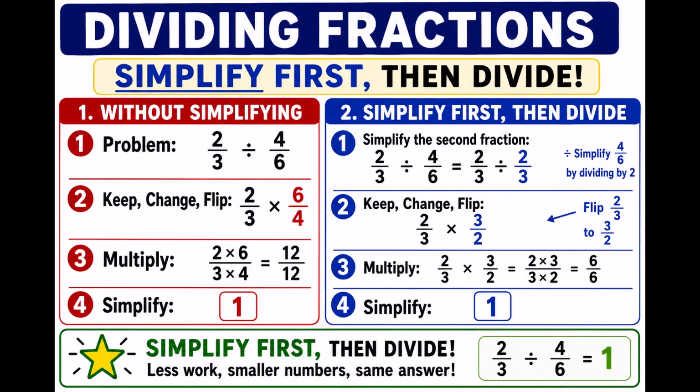Simplifying first saves time and makes the math easier for some people, okay? So pause this video and discuss it if you need further help, or pause it so that you could do the activity.